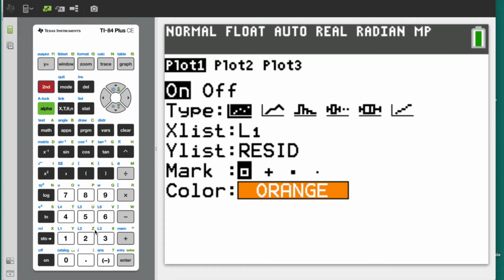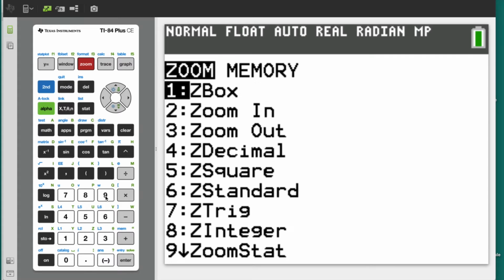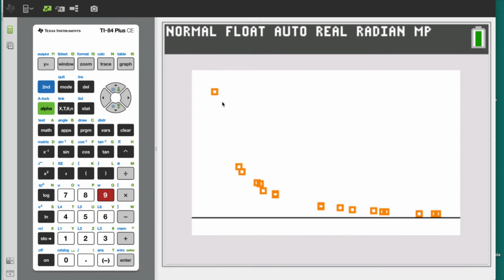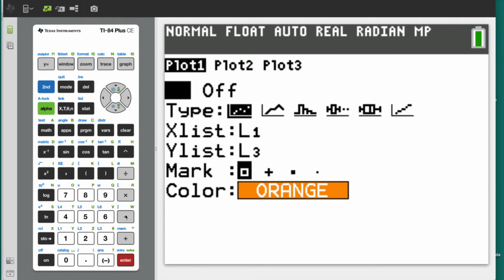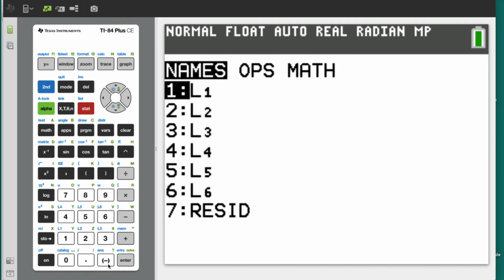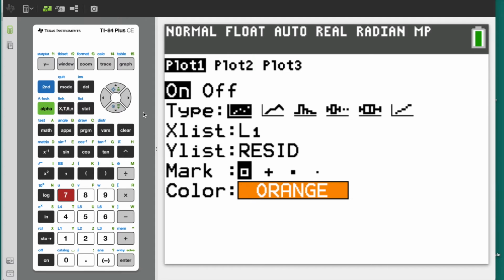Okay, switching that to L3, zoom 9, and you can see the original scatter plot. The direction, I don't mind so much that changed direction. We had a positive, now it's a negative scatter plot, but the curve is much bigger now. And that's what really should worry you, is that the curve is that much bigger. And now that we did the lin-reg once, our new residual is with the transformed data set.